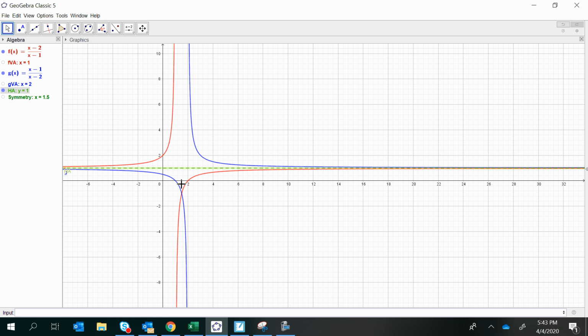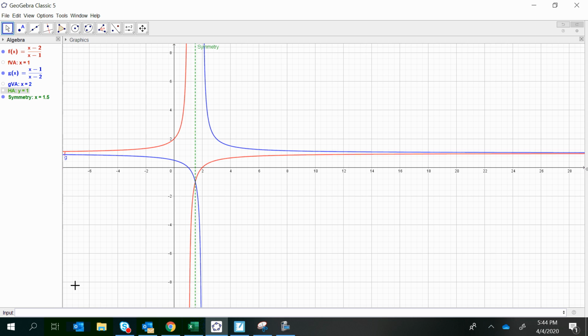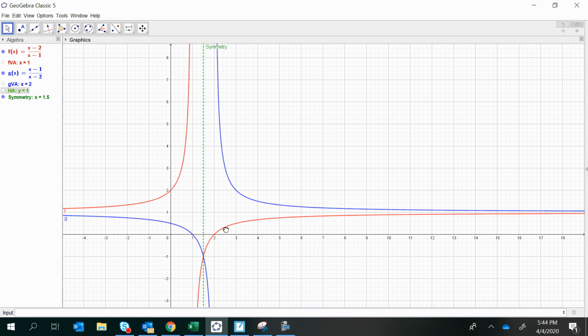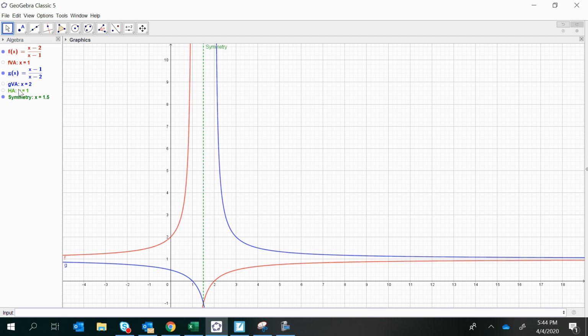Another thing that we see is that it looks like there's symmetry between them through this vertical line, through x equals 1.5. Now I'm going to zoom in on this and take away the actual functions, but actually, let me do another thing first.